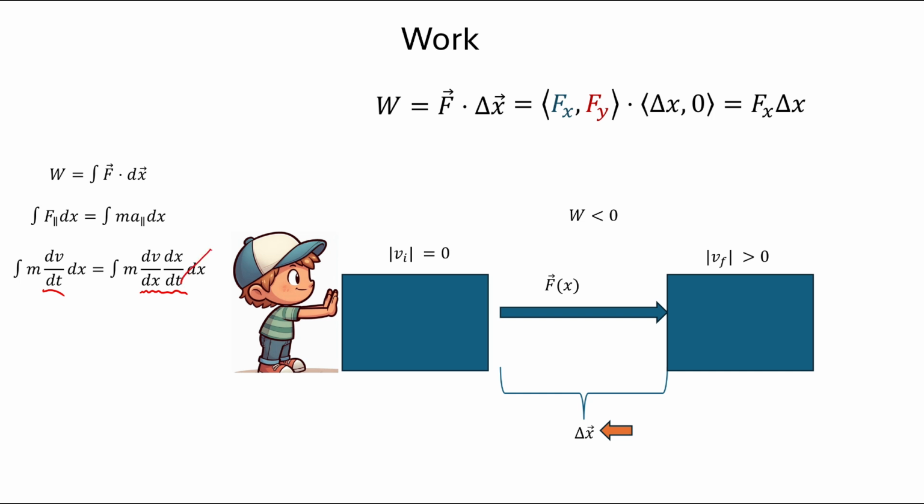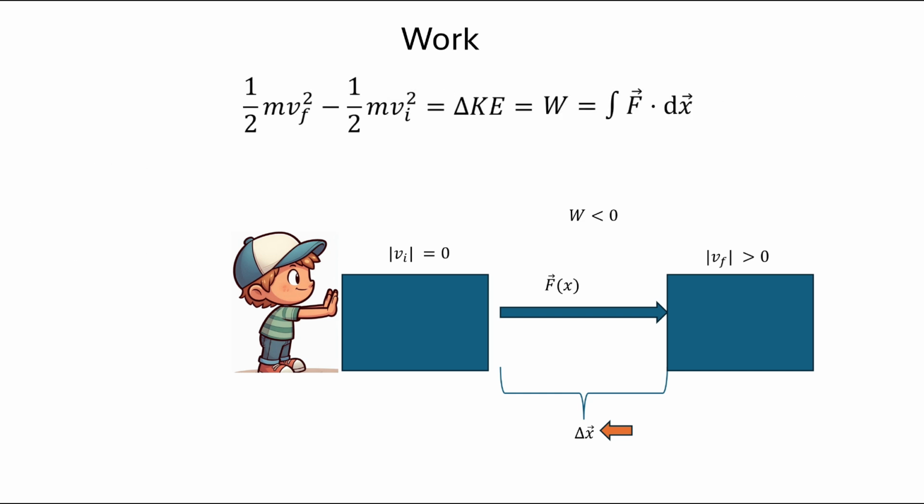You cancel this x with this x. You call this thing a v. And when you do that, you end up with this remarkable result that without even looking at what the force is, it turns out that the work is equal to the change in kinetic energy. Work is change in kinetic energy, and that is why it is such a useful thing.